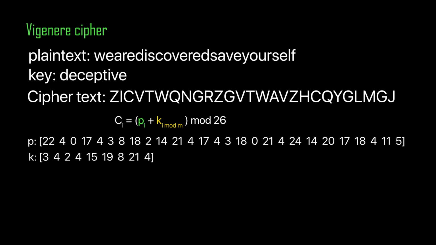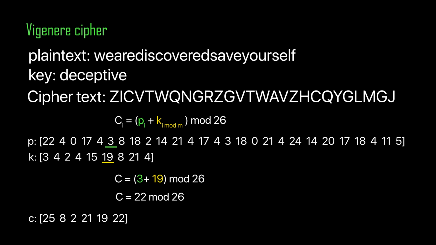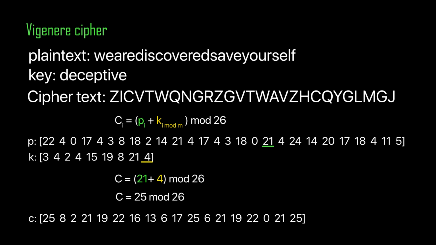So all that you have to do is to add the plaintext number to the key number, then find the mod 26 of that to get the encryption number. You can now convert these numbers into the ciphertext above.